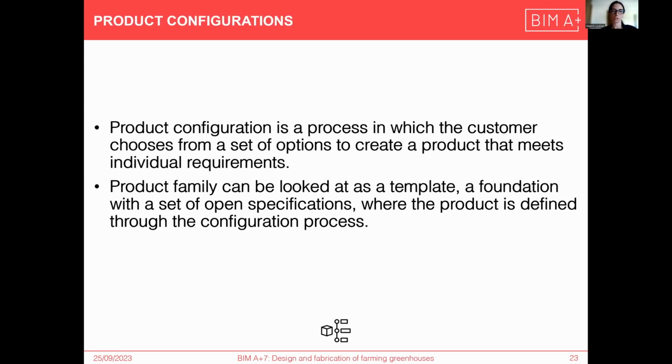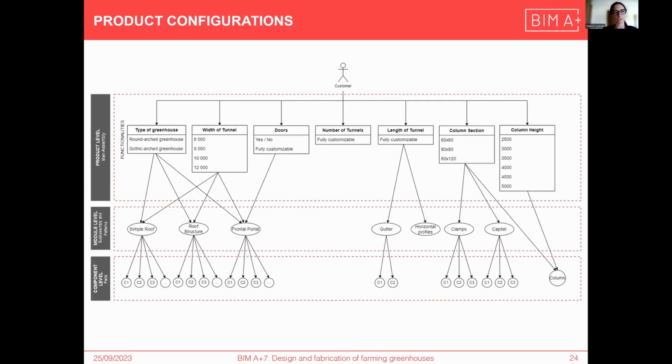So what are we actually doing? We are configuring the product and defining what modules are going into the main product based on the user inputs. So if we implement that in our case study here, we have different functionalities, meaning different options that a greenhouse can have.